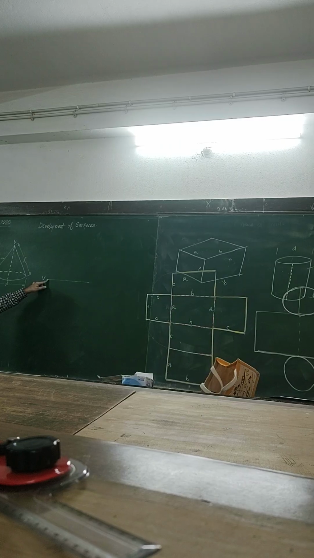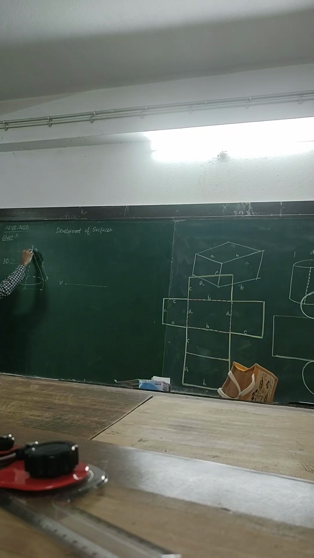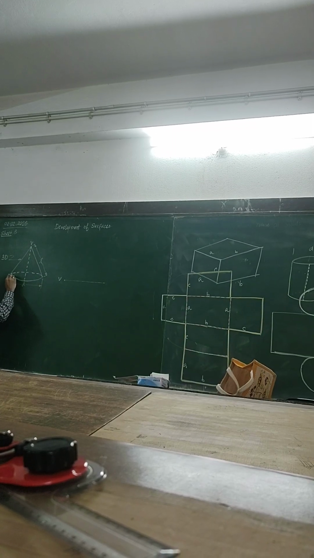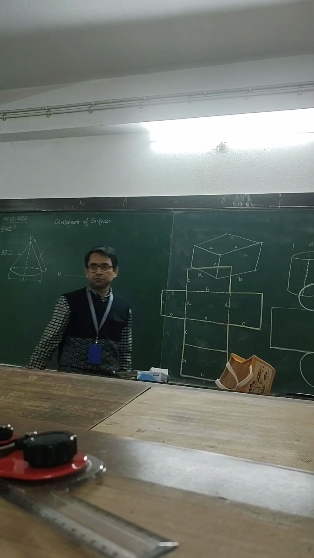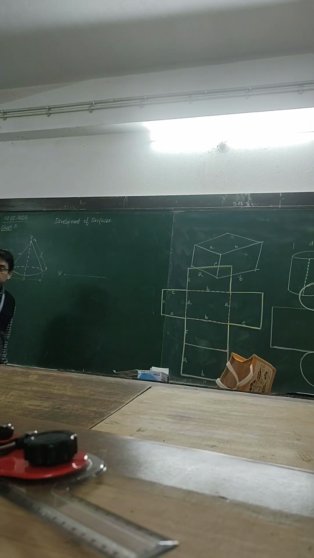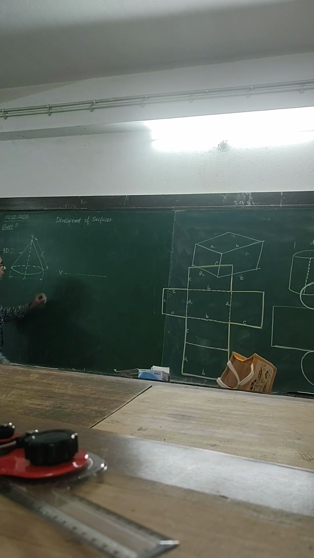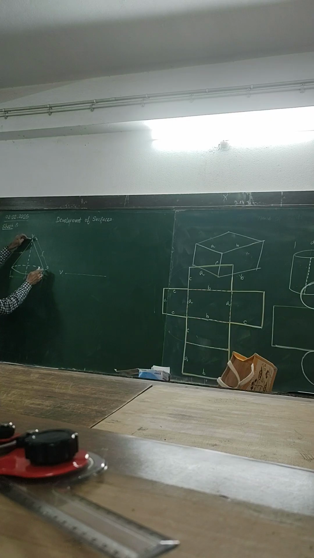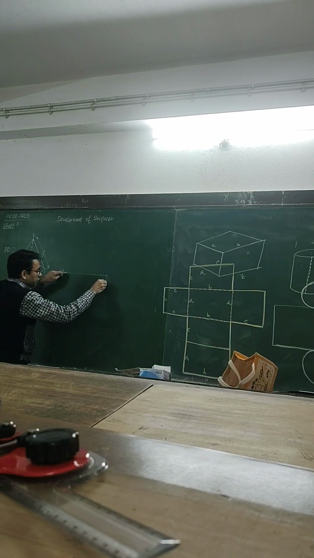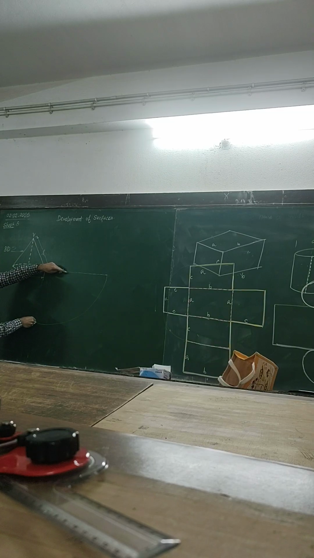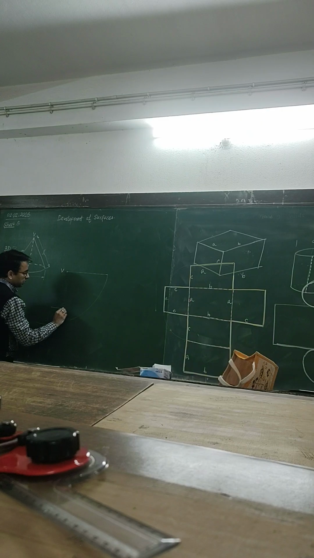From a particular point, if all points are equidistant, then the curve is a circle. So what is the radius of the circle? L. Therefore I will draw a circle like this.